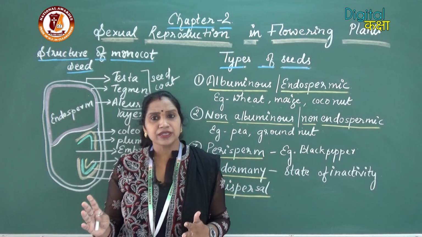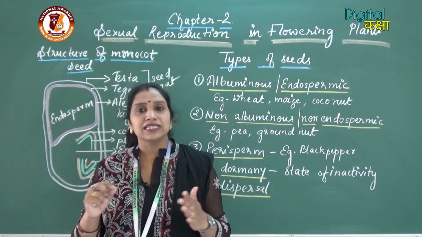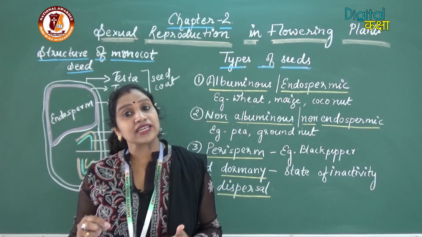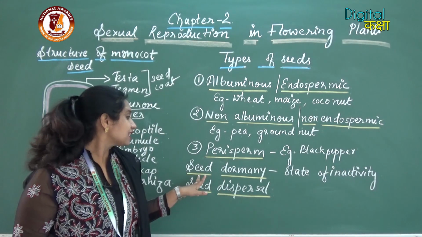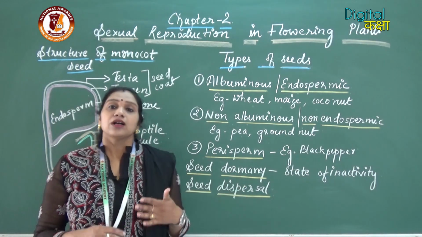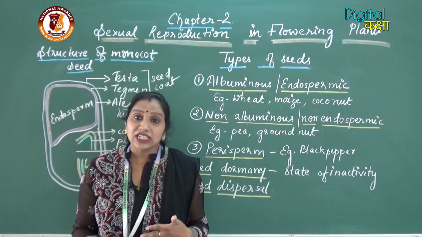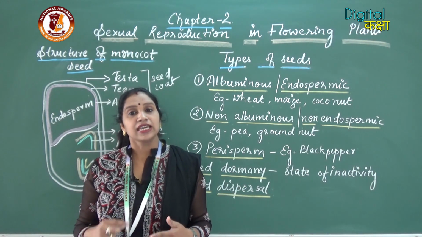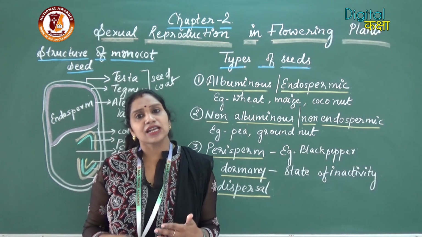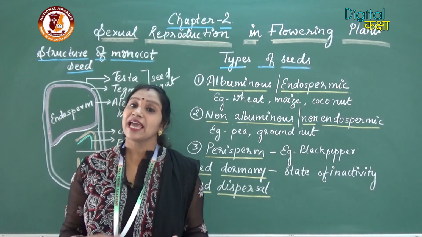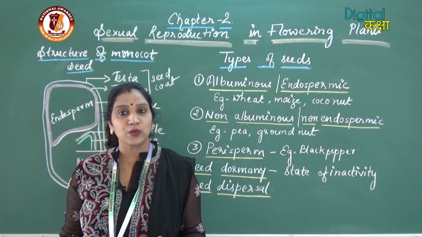So the time period for which the seed is in a state of inactivity is called seed dormancy. It is a state of inactivity in which none of the functions are occurring. As none of the functions are occurring, energy is not at all required.